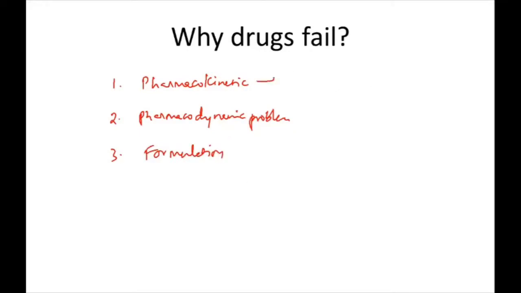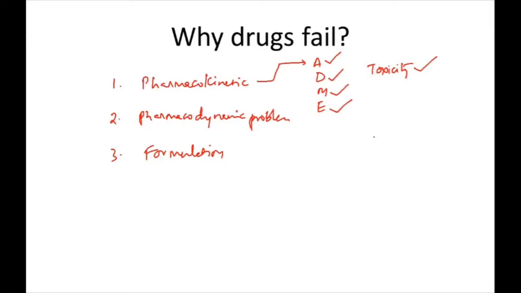In case of pharmacokinetics, absorption, distribution, metabolism, elimination, and toxicity. So in these parameters, let's say you have a drug which is really good in the screenings, but the drug is not absorbed, or not distributed properly, not metabolized properly, or not eliminated properly, or the drug is generating toxicity either by itself or through metabolites. Any one of these may lead to failure.